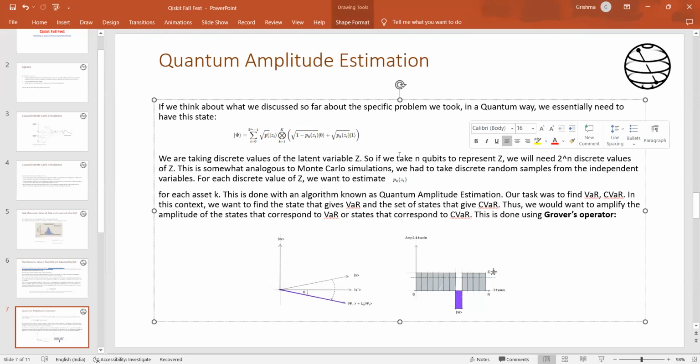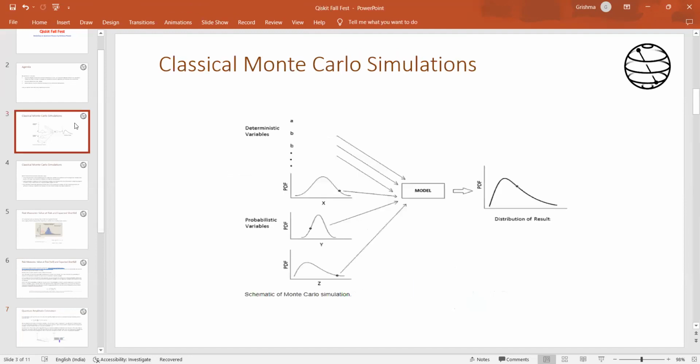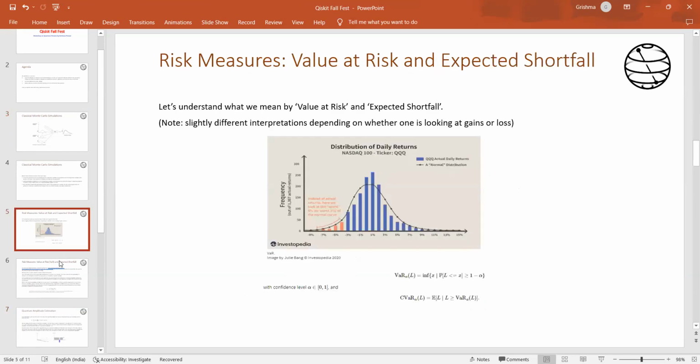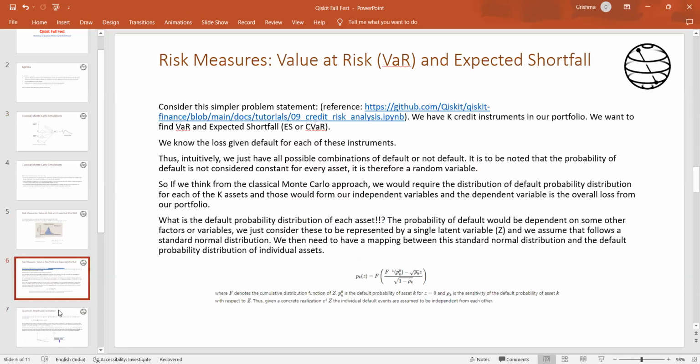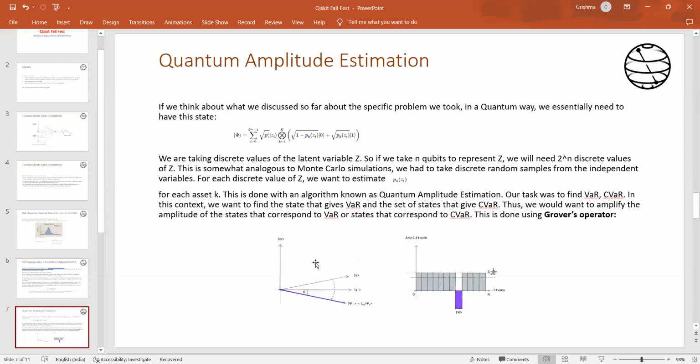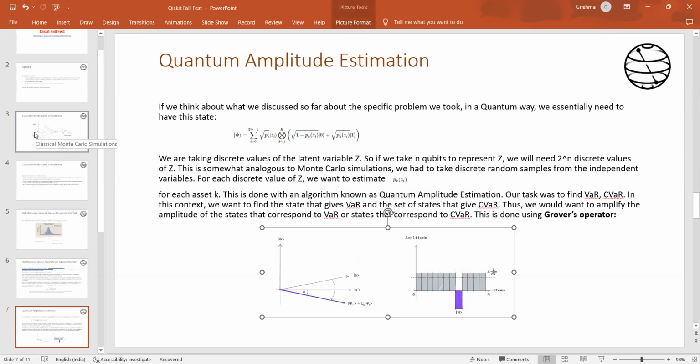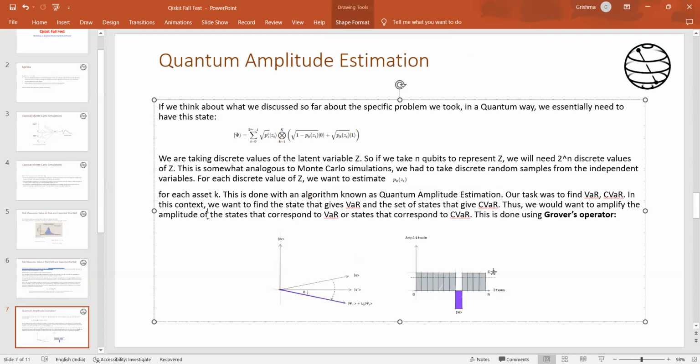So it's exactly like in case of Monte Carlo, where you were randomly drawing samples for your independent variable. Here, you can intuitively think of it as having 2 raised to n draws of your latent variable and your distribution of your independent variables accordingly.